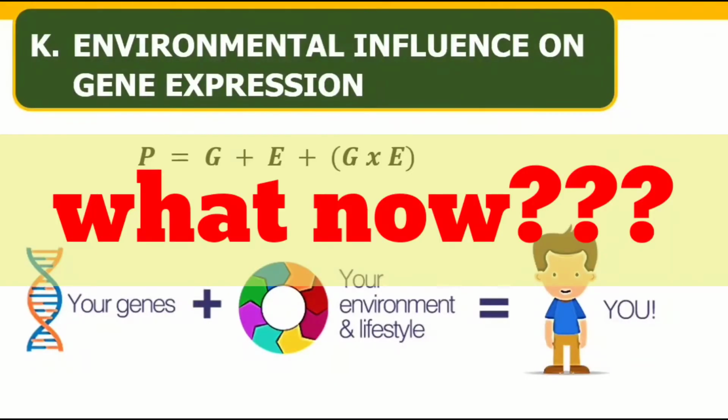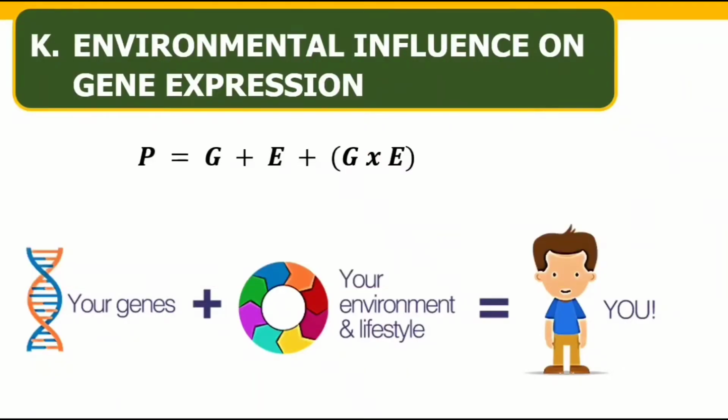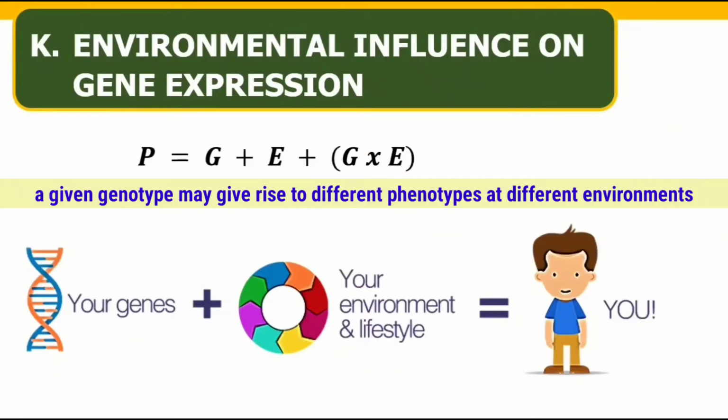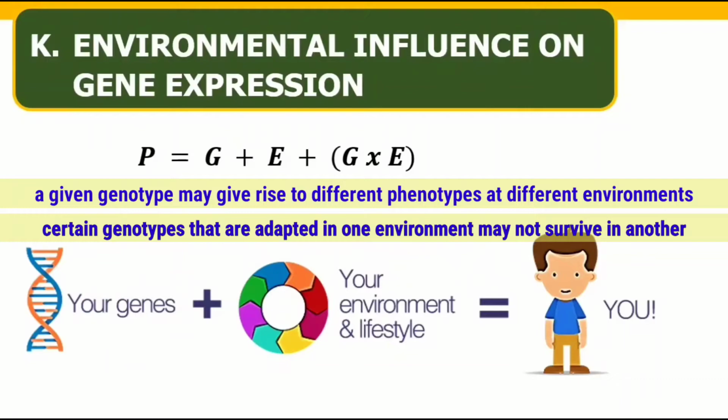So, what do these things imply now? Okay? So, a given genotype may give rise to different phenotypes at different environments. Certain genotypes that are adapted in one environment may not survive in another.